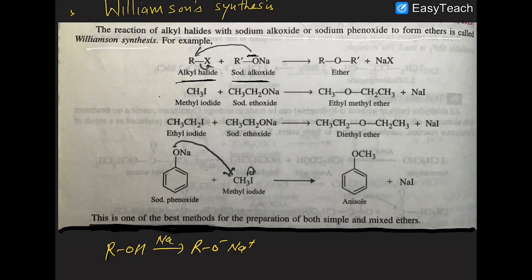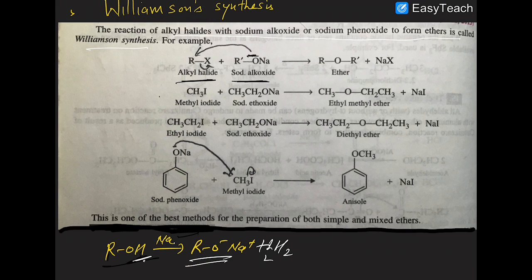This carries a negative charge. Why? Because when alcohol reacts with sodium, the H will be replaced by sodium and hydrogen gas will be released. So you have formation of sodium alkoxide ion.